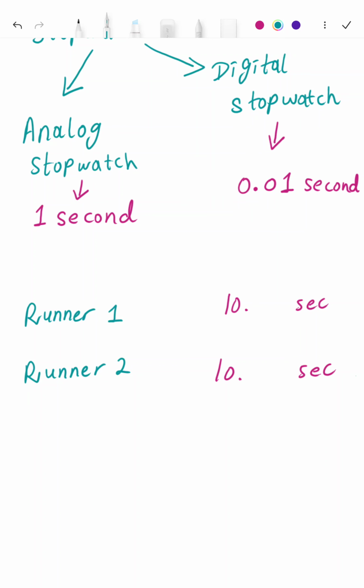So let's suppose the first one is taking 10.27 seconds and the other one is taking 10.25 seconds. Only if we are using the digital stopwatch can we know who is the real winner. Here, because runner 2 is taking less time and the digital stopwatch is giving us the reading with much more accuracy and precision, we can decide that the winner is runner number 2.